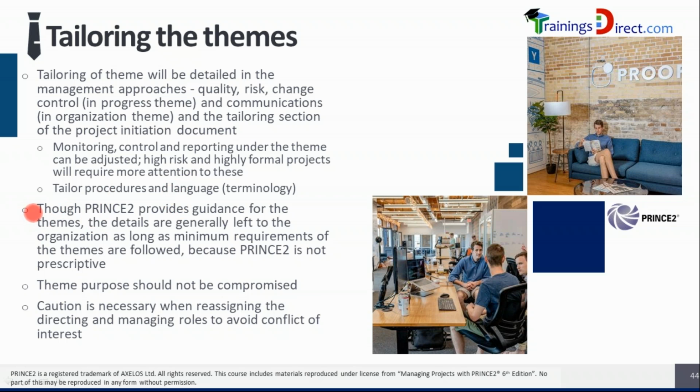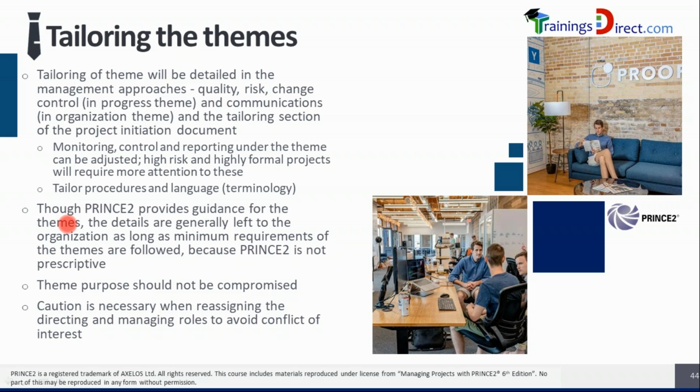Though PRINCE2 provides guidance for the themes, the details are generally left to the organization as long as the minimum requirements of the themes are followed, because PRINCE2 is not prescriptive. On one hand we have the PRINCE2 guidance in detail, but PRINCE2 is very flexible, meaning as part of tailoring, the theme can be applied in the right manner, which makes the project succeed based on the conditions or the environment in which the project is running.